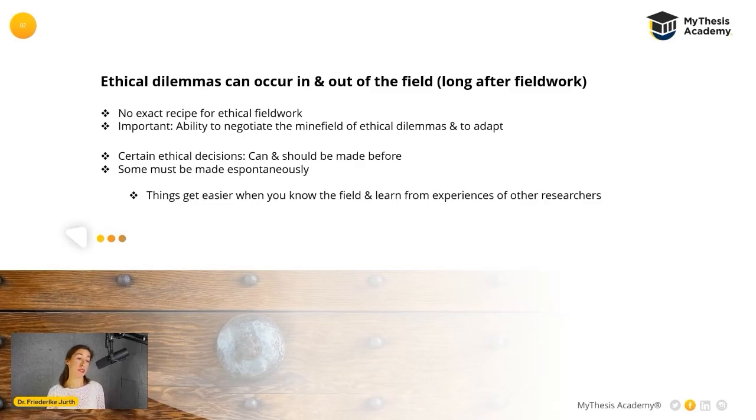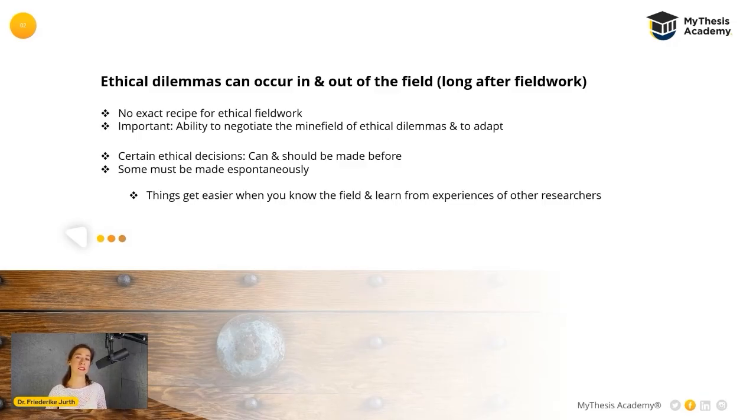Here it is important to mention that unfortunately there is no recipe, no universal solution for every challenge of fieldwork, inside and outside of the field.